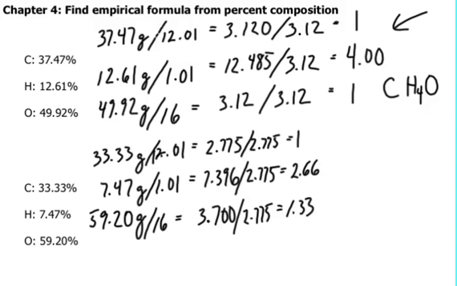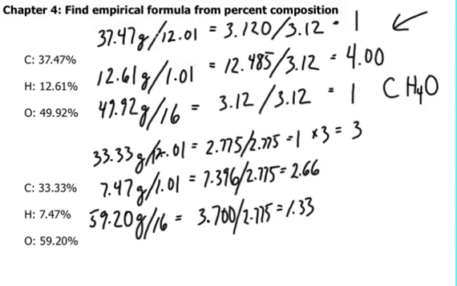So to make them all nice integers, we have to multiply them all by some small number. If I multiply all of these numbers by 3, I will end up getting nice integers, which is what I must have for my empirical formula.